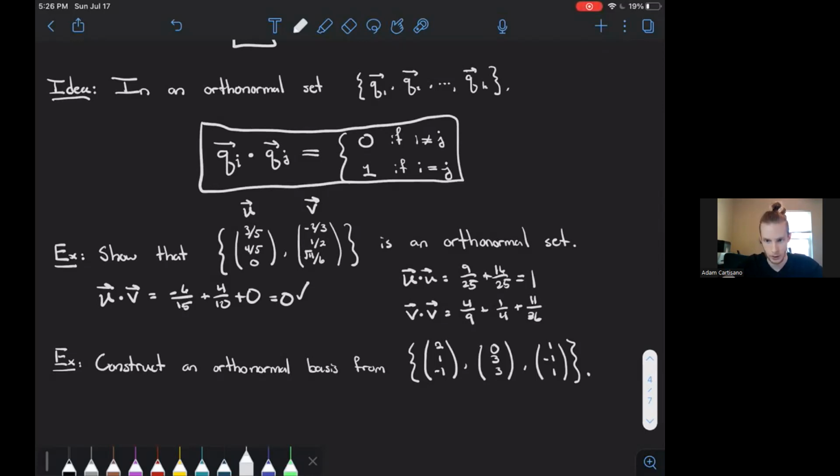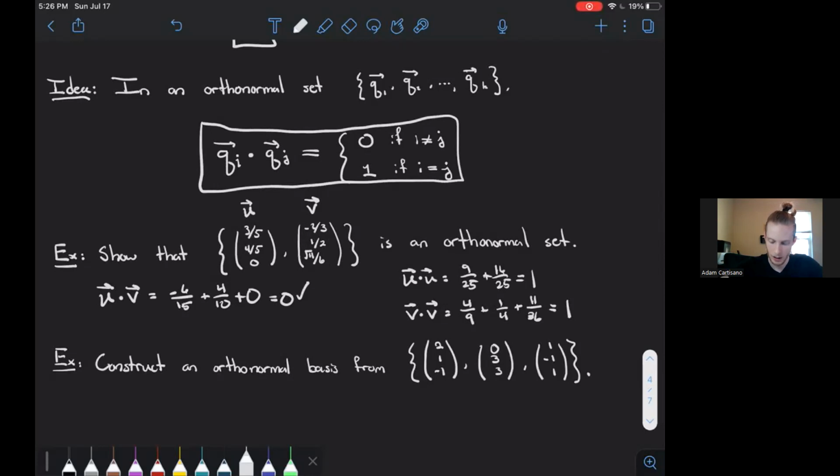Plus 11 is 36. 36 over 36 is equal to 1. Wow. Oh, I hope you like doing common denominators of fractions. That's the price we have to pay for orthogonal or orthonormal bases.